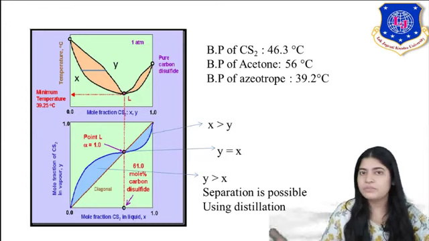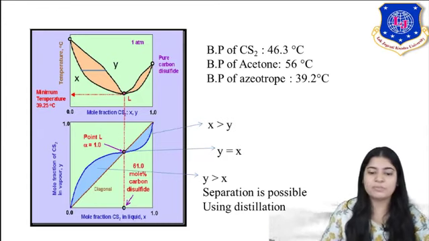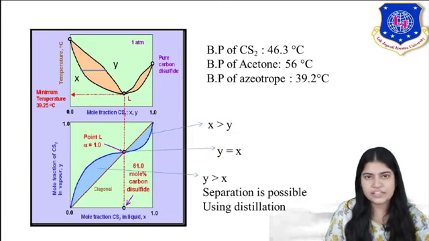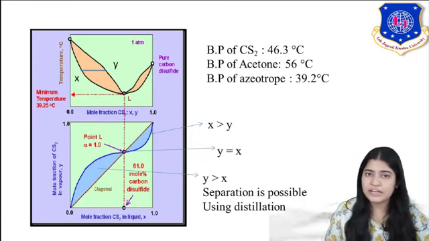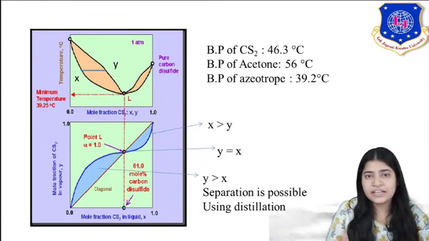The vapors will have 61 mole percent of carbon disulfide and the rest is acetone. So at L point, even when I am supplying heat, no enrichment will occur. Enrichment will take place only until my mole fraction of carbon disulfide is less than 61%.